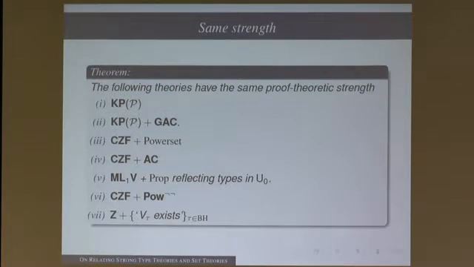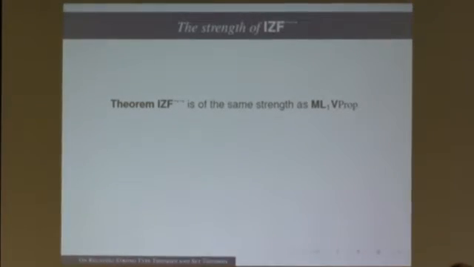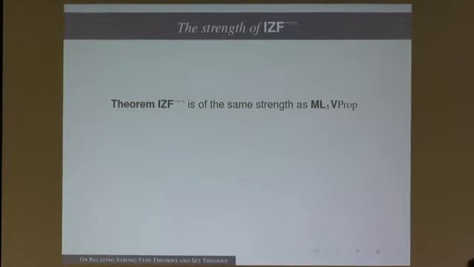So this needs some kind of ordinal analysis in the presence of a power set. Okay. So now the strength of IZF in the negative way, negative IZF. Well, it turns out it's not much stronger than the previous theories. It is of the same strength as, if we take Martin-Löf type theory, we have just one universe.